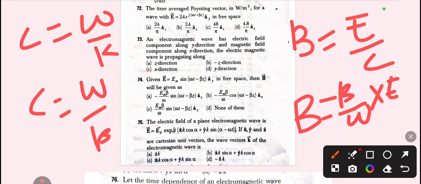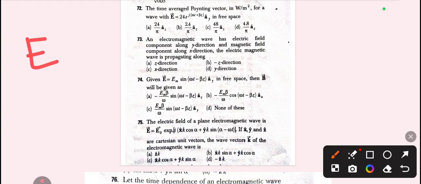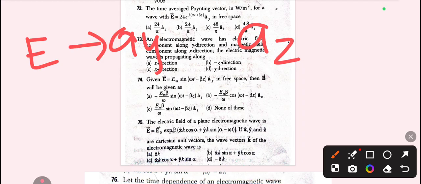Then if E is in the direction of AY, B should be in the direction of AZ or AX.